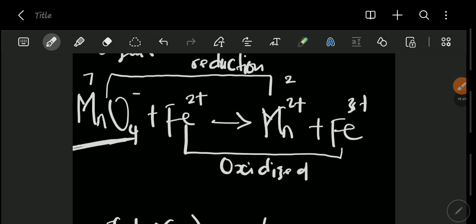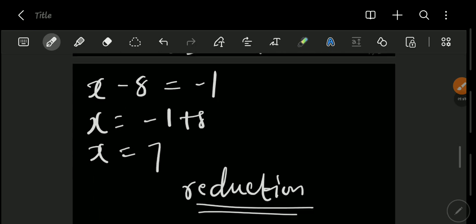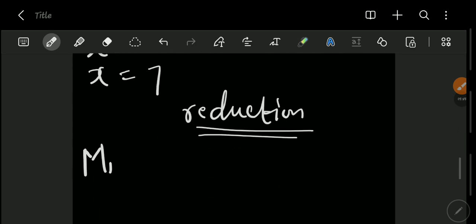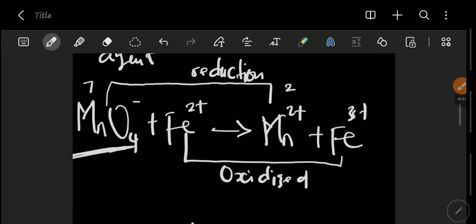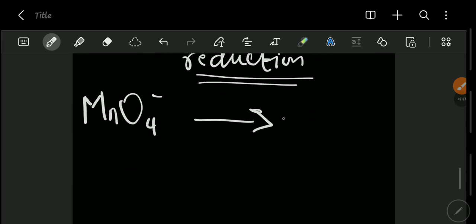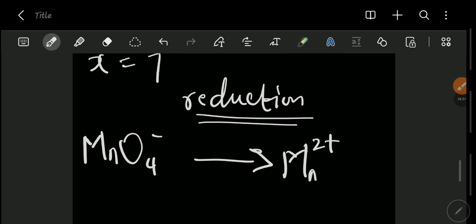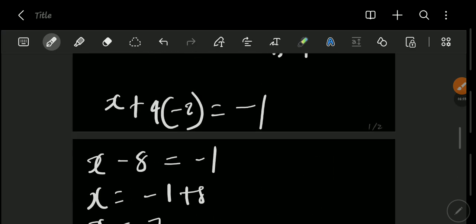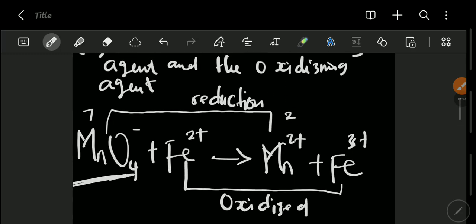So I'm having MnO4 minus, and on the right side I'm having Mn2 plus. This is the reduction, the compound that is being reduced. That's this one. So I'm taking that out.